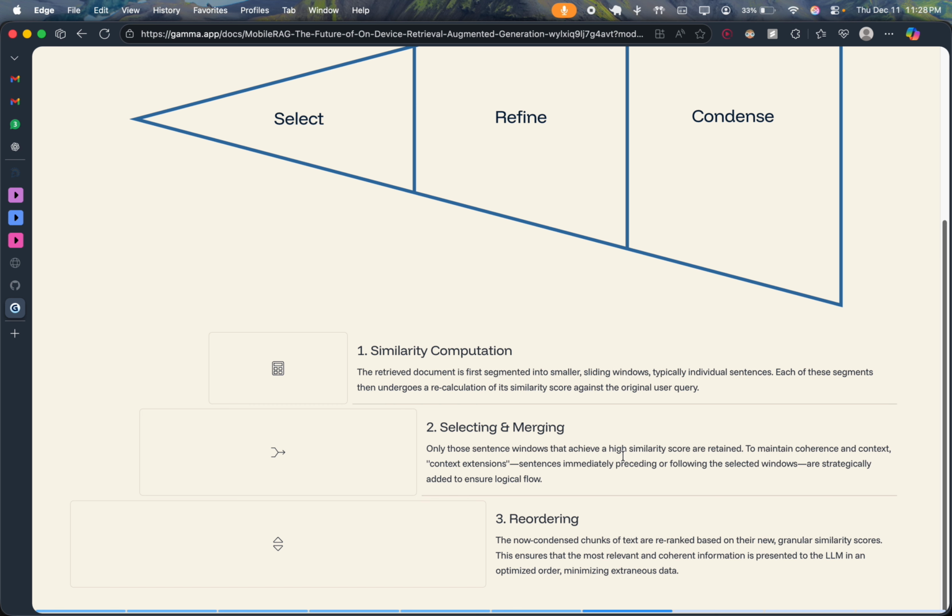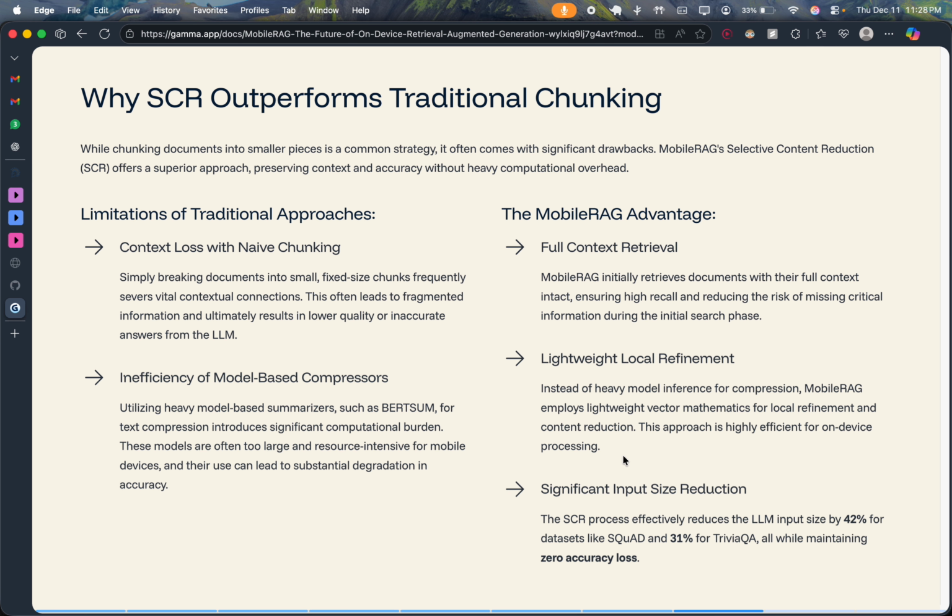Reordering: now that we have condensed chunks of text, they are re-ranked based on the new granular similarity scores. This ensures that the most relevant and coherent information is presented to the LLM in optimized order, minimizing the extra data that we are sending.